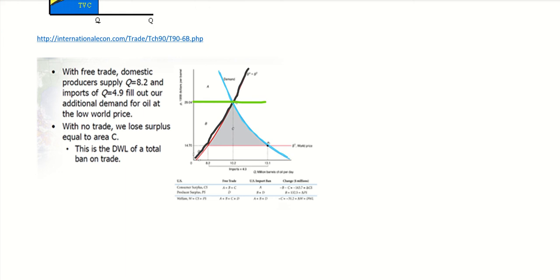First of all, we can see that the suppliers can actually get a producer surplus much larger than the green triangle they get under free trade. It gives them the extra portion, which is denoted by B. So this whole area will be the new producer surplus.